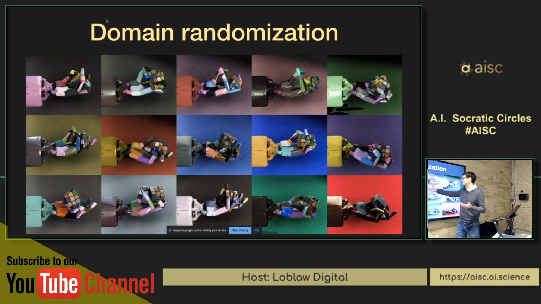It takes the image, and here is just one way of doing this domain randomization. You just add different color filters. Yeah, fixed domain randomization. Yes, it's fixed.